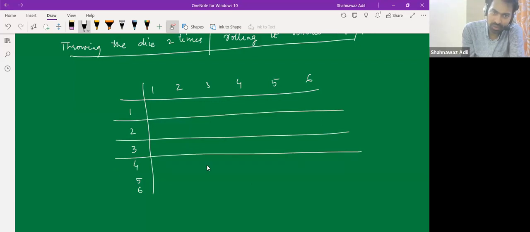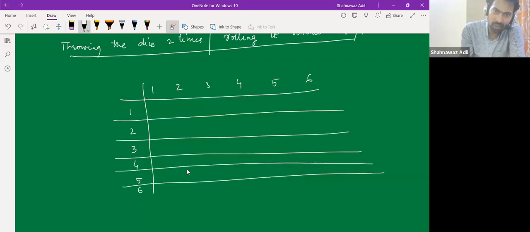Okay, and then we just explore the possibilities. So this is 1, 1. Then we have 1, 2, then 1, 3, 1, 4, 1, 5, 1, 6. So these are the outcomes that we have.